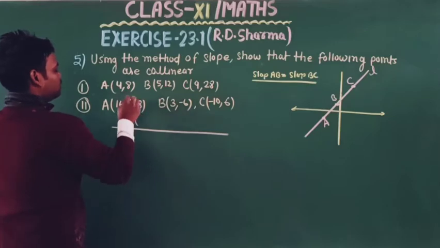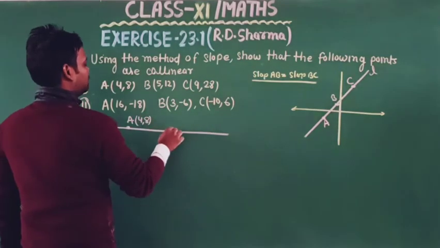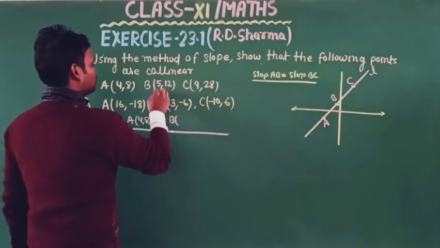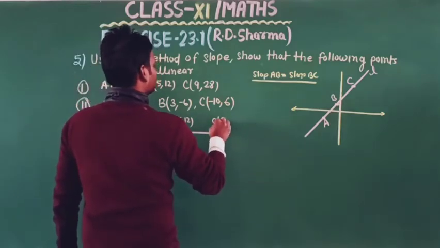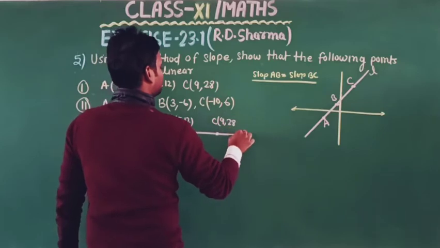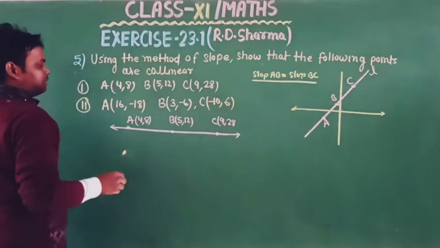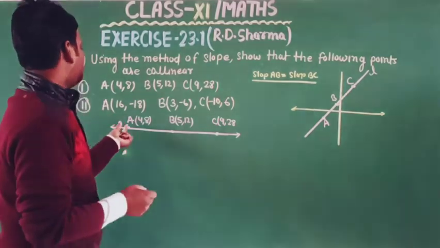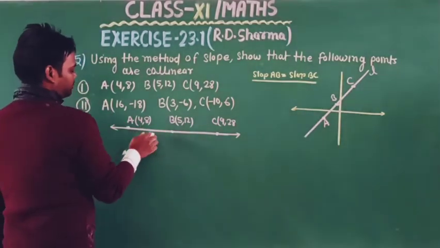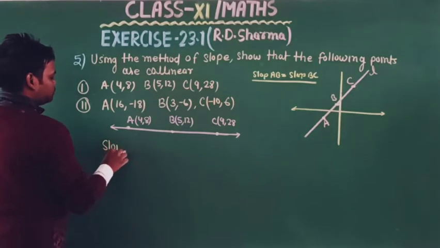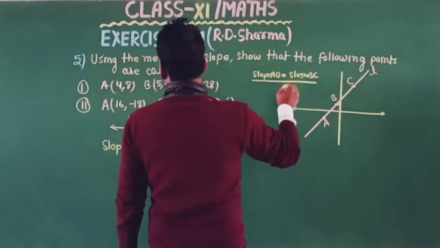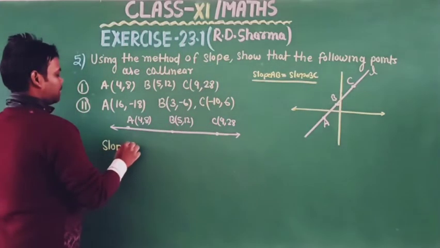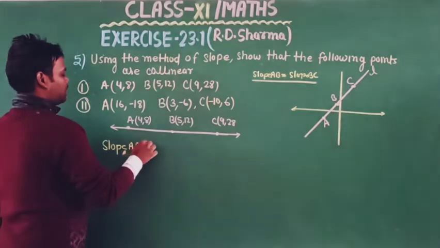So first we have to find the slope of AB.